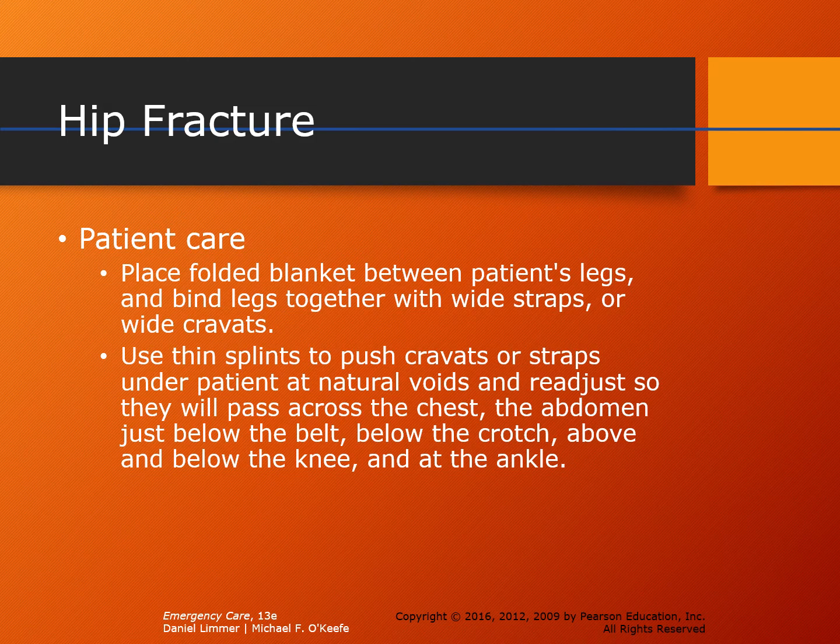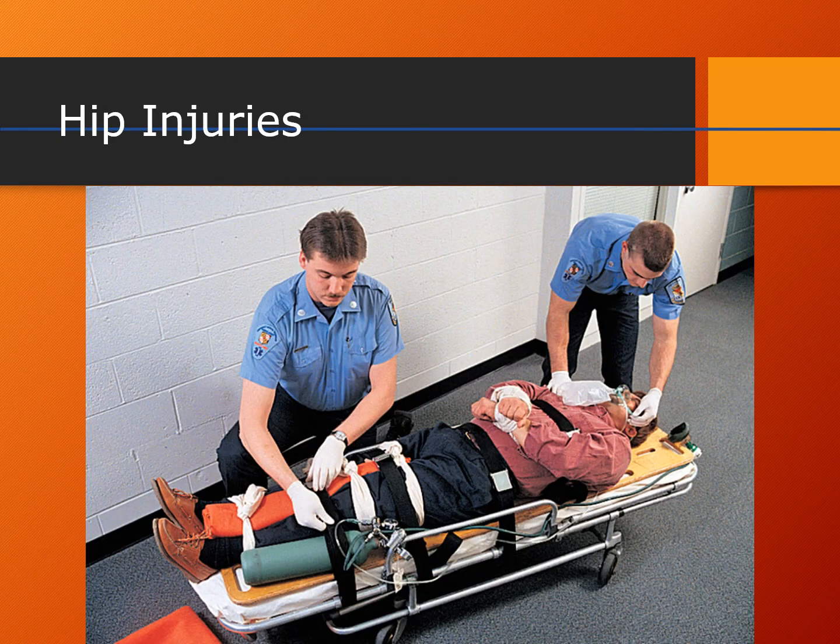Use thin splints to push cravats or straps under the patient at natural voids and readjust so that they will pass across the chest, the abdomen, and below the belt, below the crotch, above and below the knee, and at the ankle. That's a whole lot of different things that are difficult to explain, so be sure to look for our skills video in the future on how to appropriately splint a hip fracture.